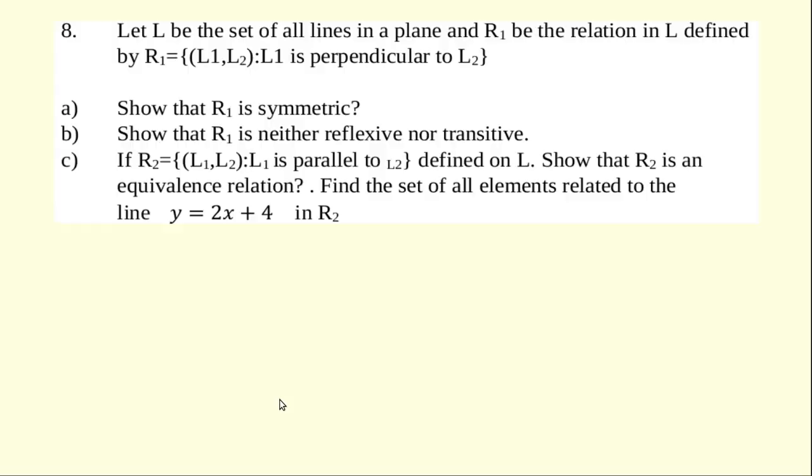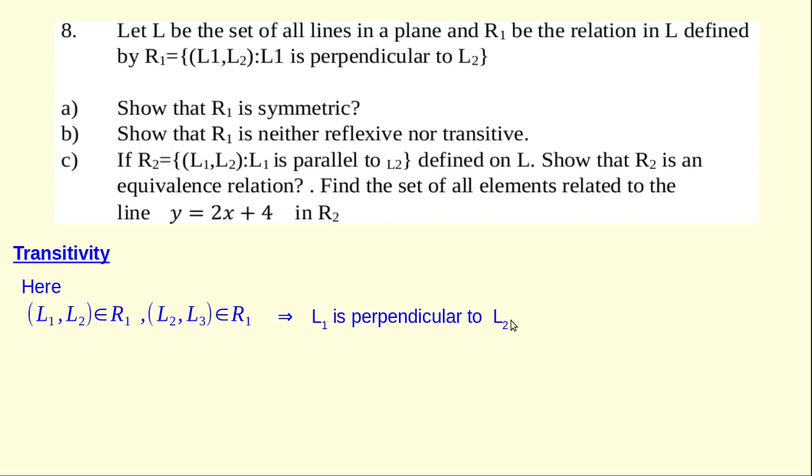What about the transitivity? For a relation to be transitive, we have to find two ordered pairs (L1, L2) and (L2, L3) in R1, such that (L1, L3) is also in R1. (L1, L2) in R1 means L1 is perpendicular to L2, and (L2, L3) in R1 means L2 is perpendicular to L3.